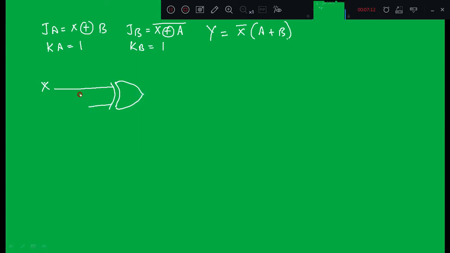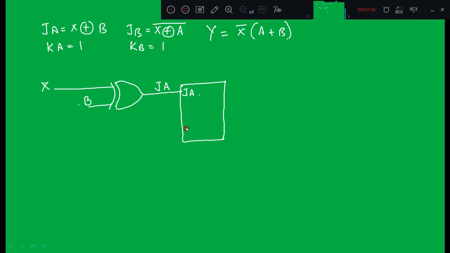right? JA, which is the present state, you can say, right? The output of X XOR B is JA, which is connected to the J of the first JK flip flop, right? So this is JA.